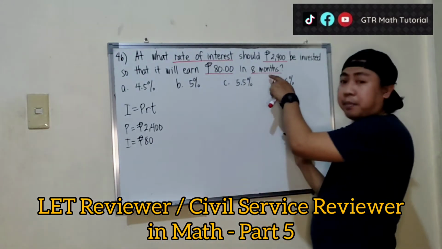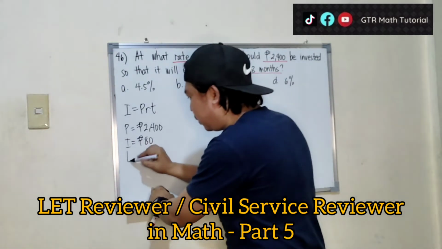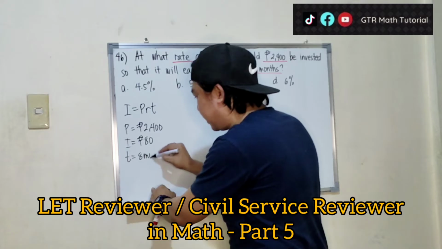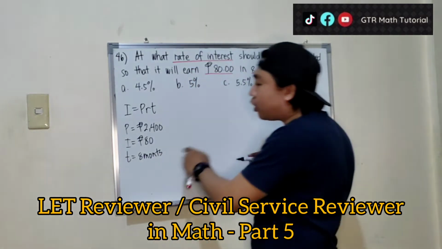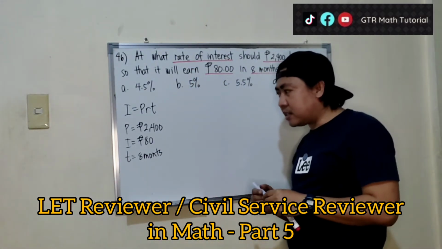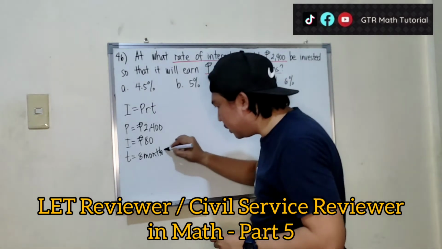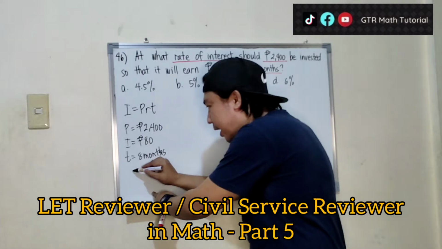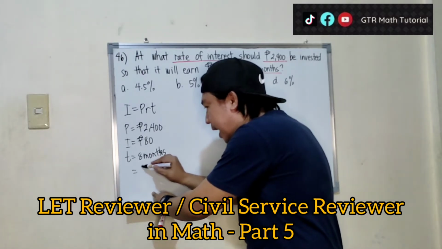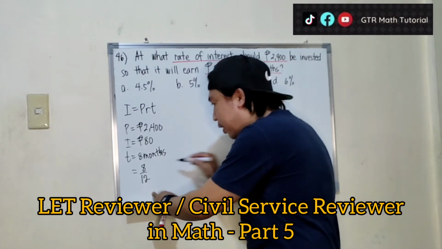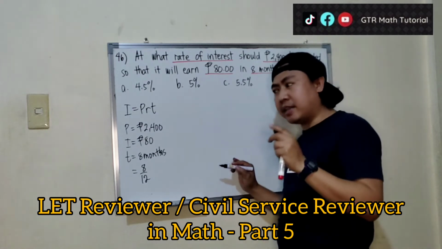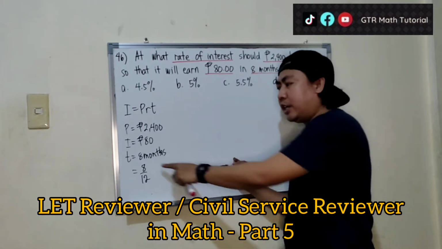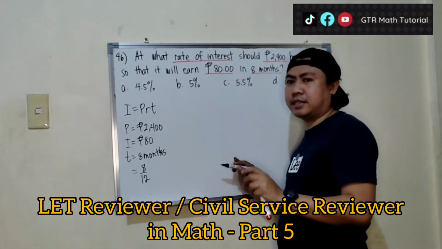And then, time is 8 months. We need to convert 8 months into years. Therefore, ang time natin ay magiging 8 over 12, dahil meron tayong 12 months in 1 year. So, 8 over 12 ang gagamitin natin sa 8 months.